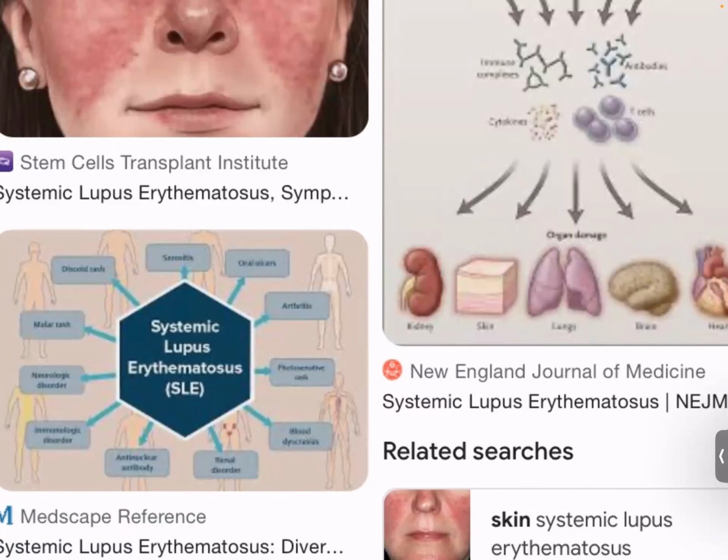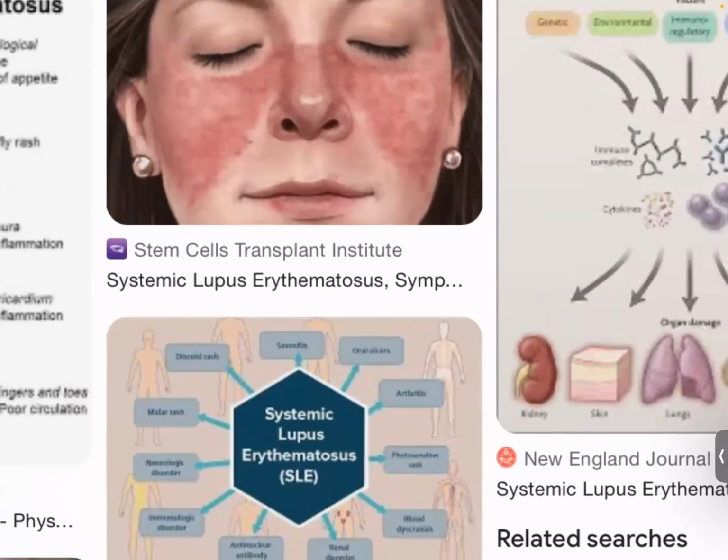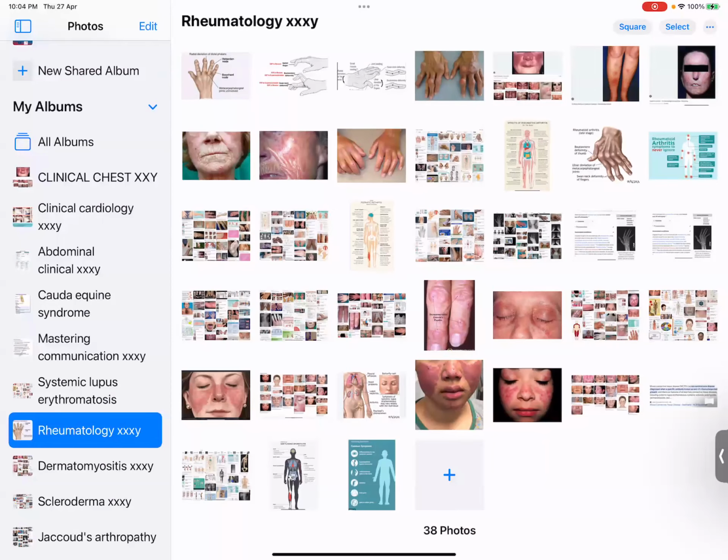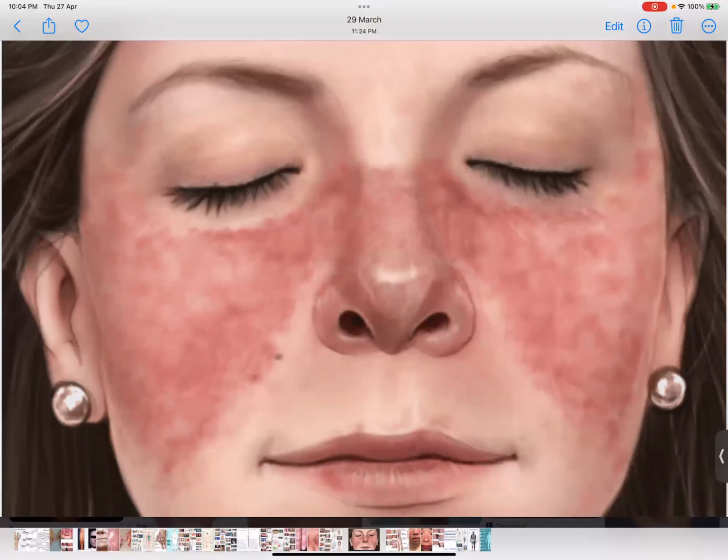Skin rash on sun exposure. About the lung, any pain in the chest, difficulty breathing, shortness of breath, coughing of blood. So you should take it comprehensively and ask about systemic manifestations or systemic complications.